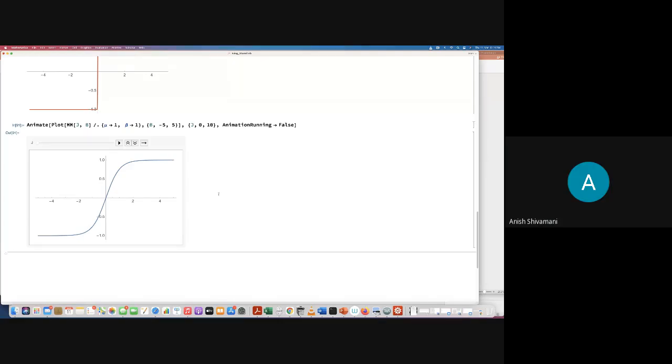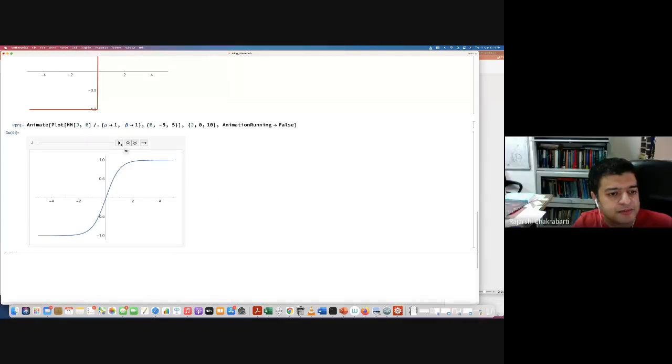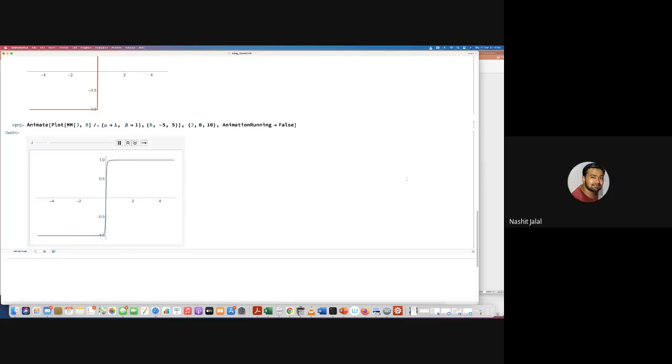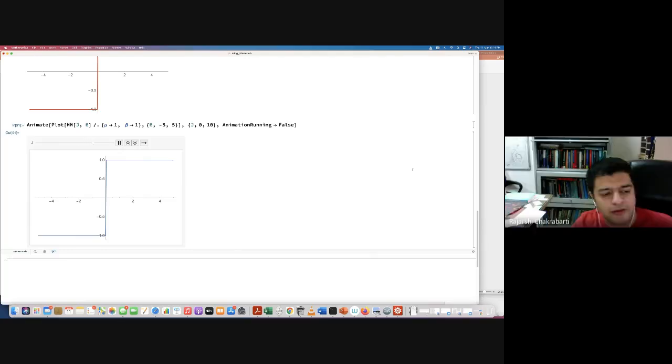Steeper. So let us see. It's becoming steeper, no? After a while, you cannot see it, it becomes so steep. Can you see?